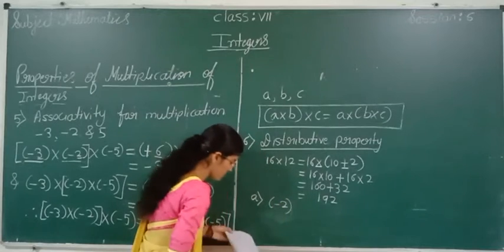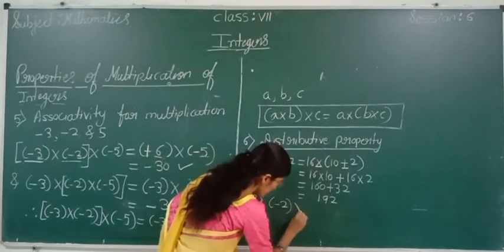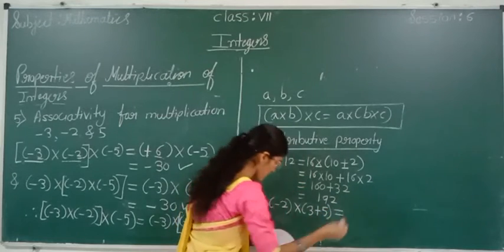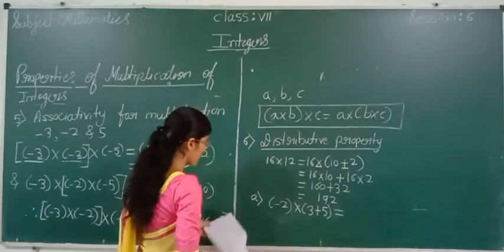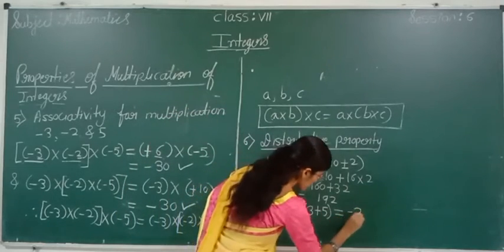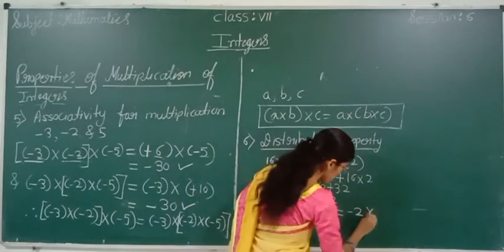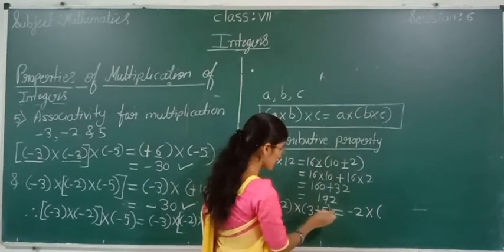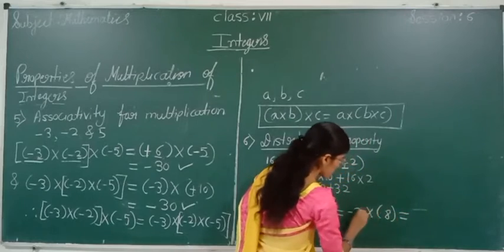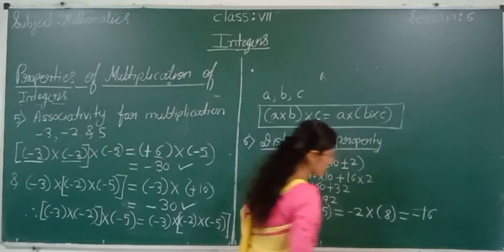Minus 2 into 3 plus 5. Okay, we will check this answer first. See, minus 2 into 3 plus 5, that is 8. 8 twos are 16, minus 16.